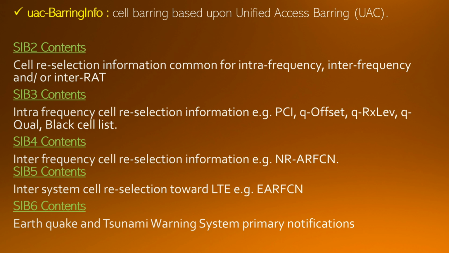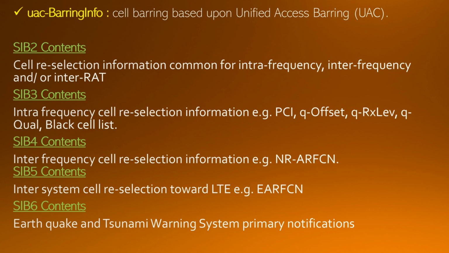SIB4 contents are for the inter-frequency cell reselection information, like for NR ARFCN. SIB5 contents are for inter-system cell reselection towards the LTE network, for example LTE ARFCN.